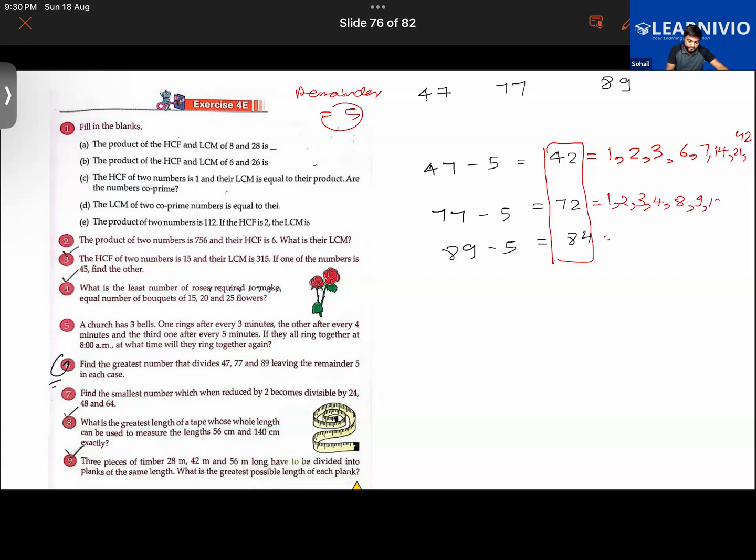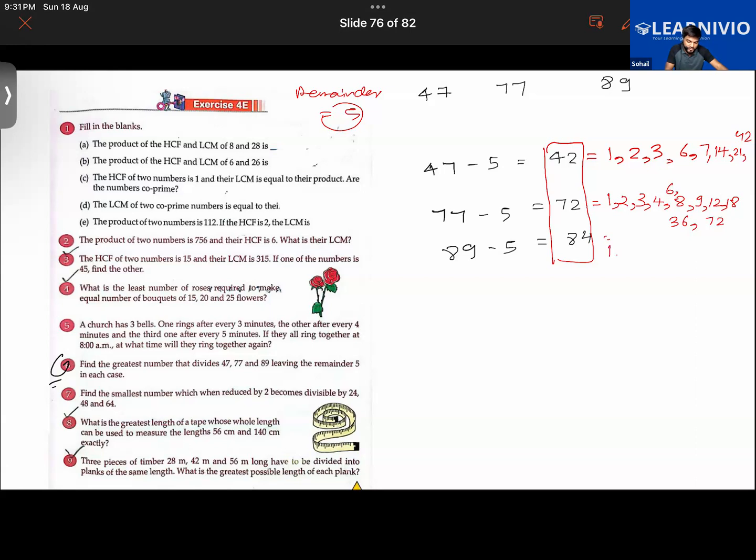What about 12? Yeah, 12. You missed the number 6, which is also a factor. Then you have 12, 18, then 36, and then 72. These are the factors.